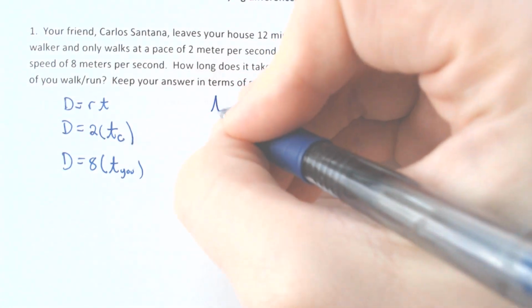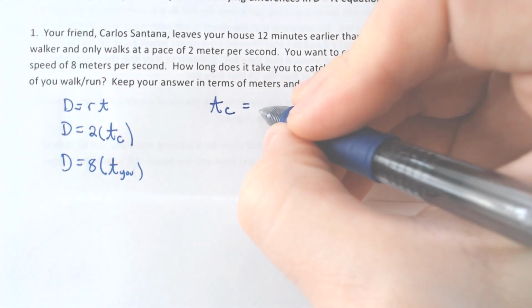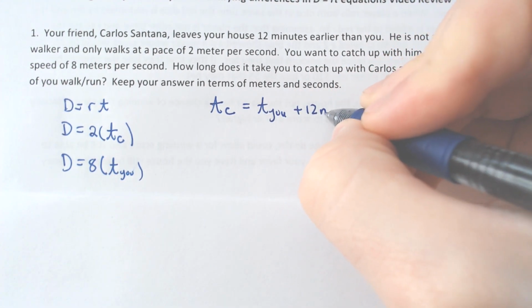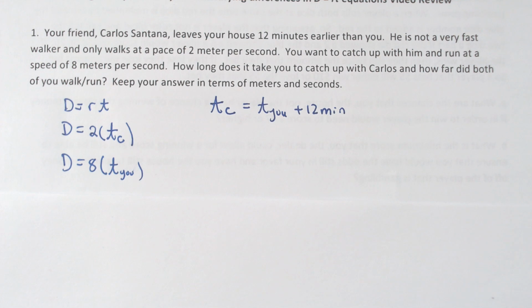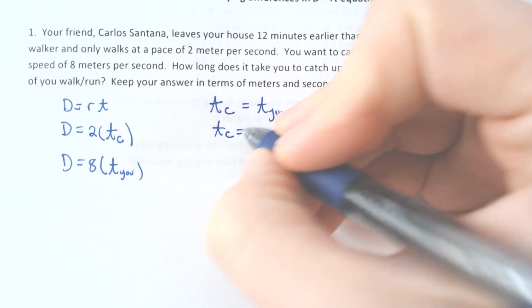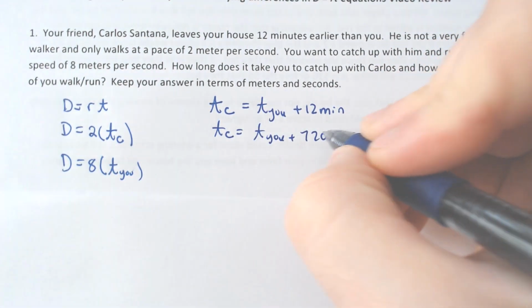I like the fact that Carlos's time, T sub Carlos, is equal to T sub U plus the 12 minutes. All right? Now, you do have to convert 12 minutes into seconds, so that's an easy conversion. That's just 12 times 60, and when you do that, you get 720 seconds. So Carlos's time is equal to your time plus 720 seconds.